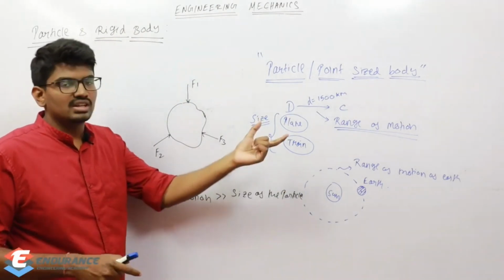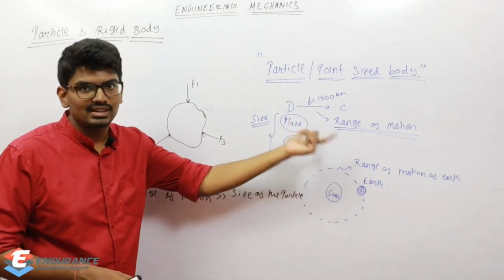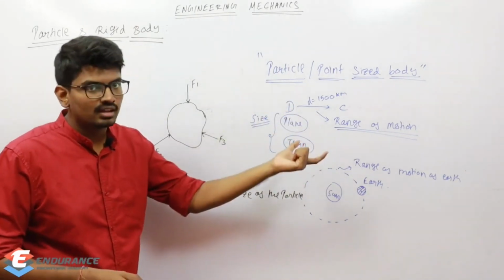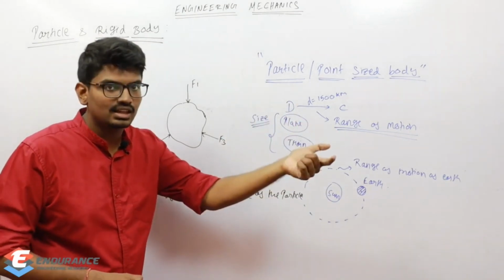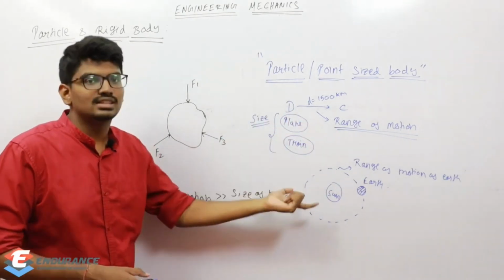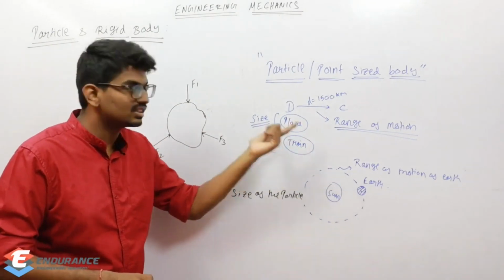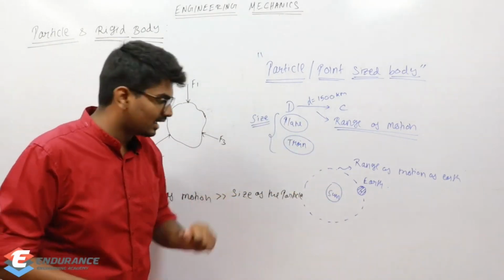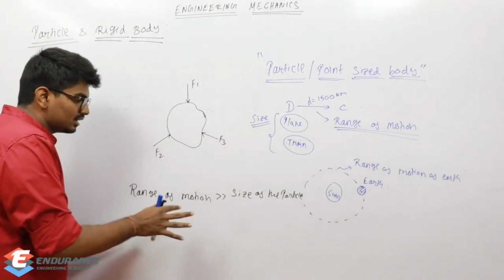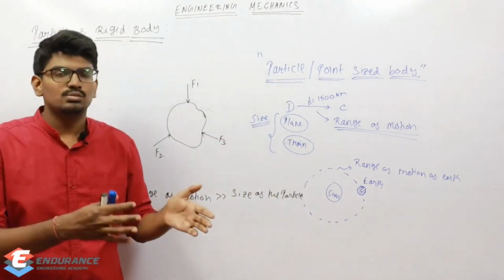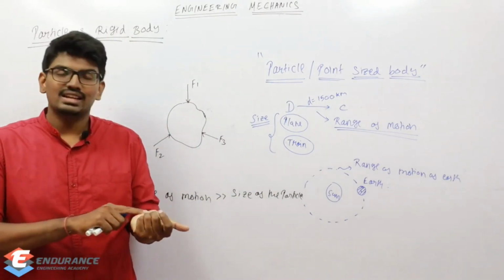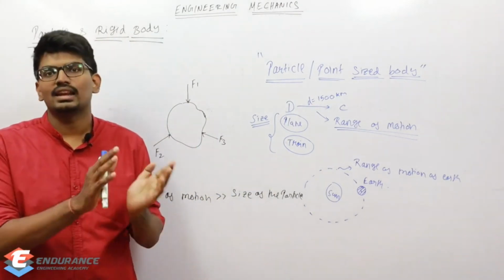When the range of motion, which is nothing but the distance that particular body is moving, is much higher than the body size itself, then I can call that particular body a point sized body or particle. Or I can say that I can idealize it, I can assume it.